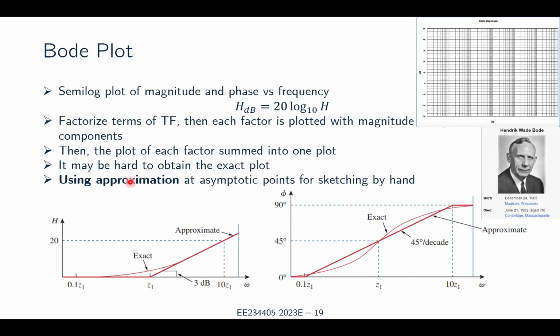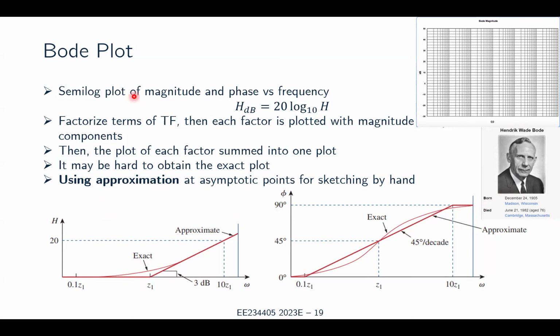It's an approximation of the Bode plot at Z1, but the exact value is not really crossing Z1, but just above Z1, right? So this will help if we sketch by hand instead of using a program. If we use a program, it will plot the exact value for us, right? But it's hard to draw this precisely. So I think approximation could be helpful to obtain the general shape of the Bode plot, right?